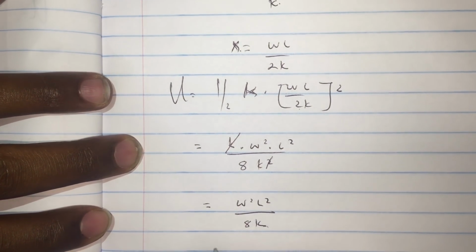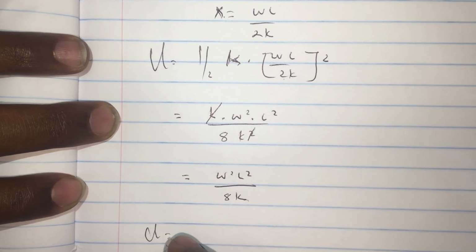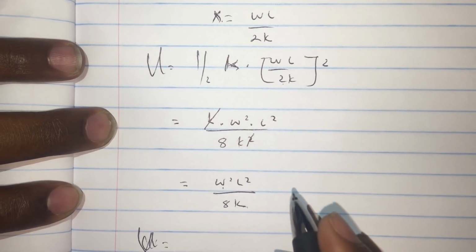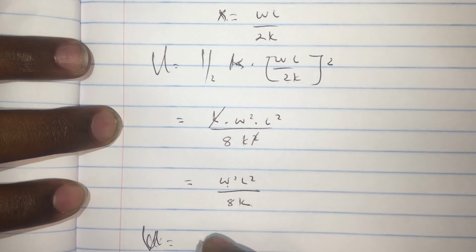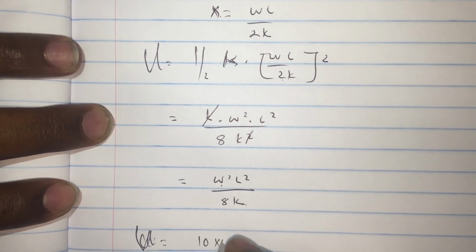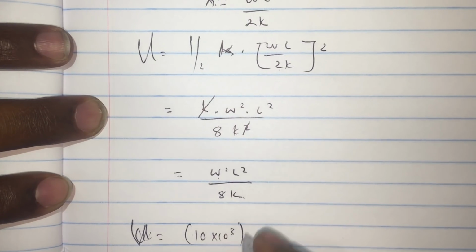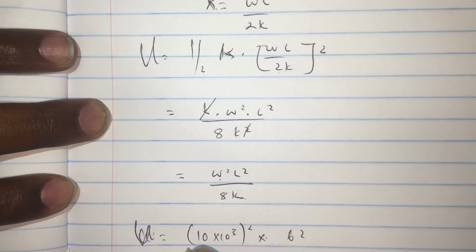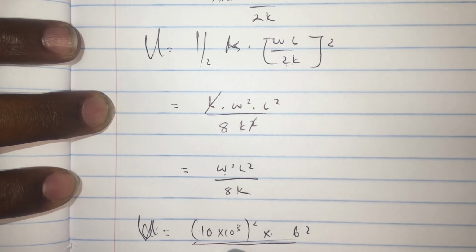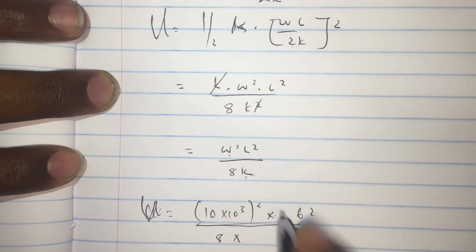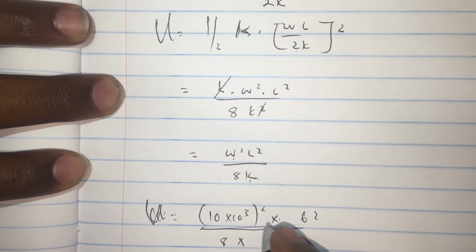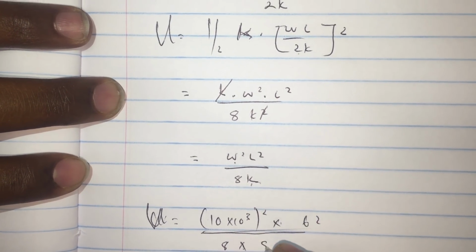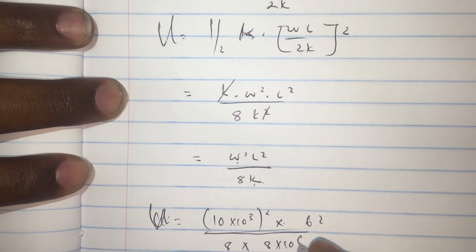We can then substitute our values. The total strain energy within the spring becomes omega, remember omega is 10 kilonewton, 10 times 10 to the power 3, squared, times L squared, which is 6 squared, over 8 times K. Remember K is 8 meganewton per meter, which becomes 8 times 10 to the 6.